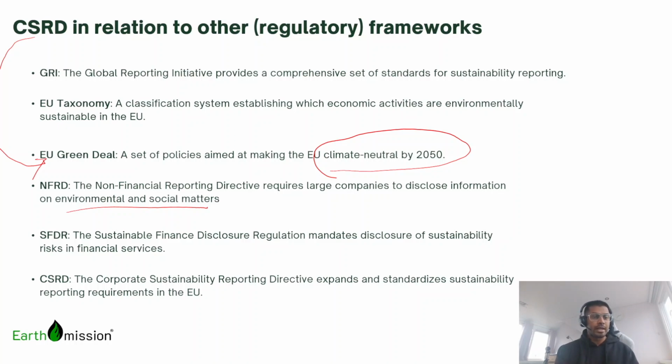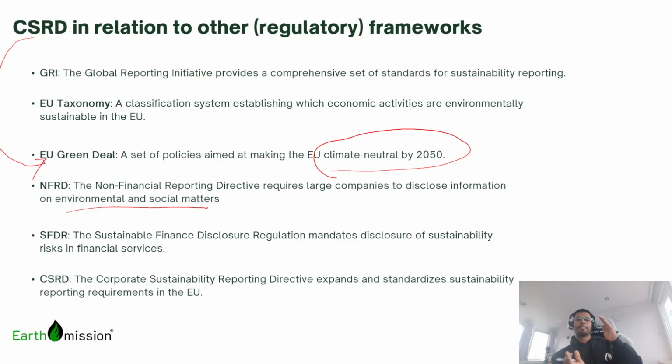And there is another one which is called SFDR, the Sustainable Finance Disclosure Regulation, which also mandates disclosure of sustainability risks in financial services, right? So NFRD is mainly on the environmental and social matters, whereas SFDR is mainly on the risks in the financial services.